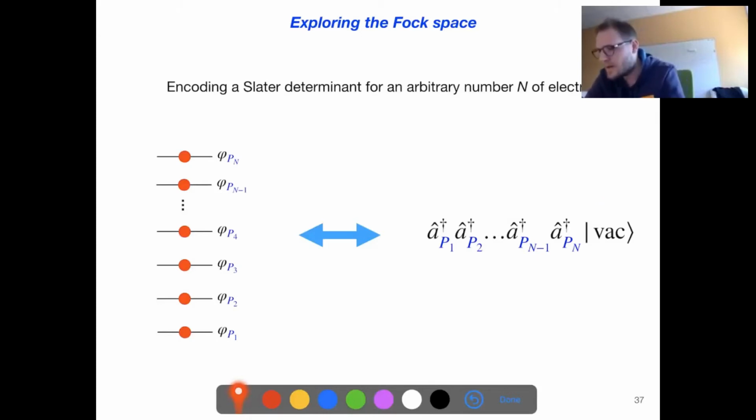So here you see I created an electron in the spin orbital pn, and then pn minus 1, and so on up to a1. It's encoded essentially exactly the same way as for two electrons. You just multiply more creation operators. So at first sight, it's very simple to write down Slater determinants in second quantization.